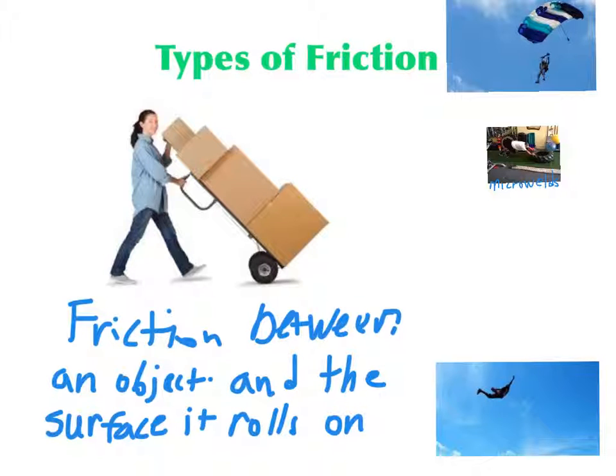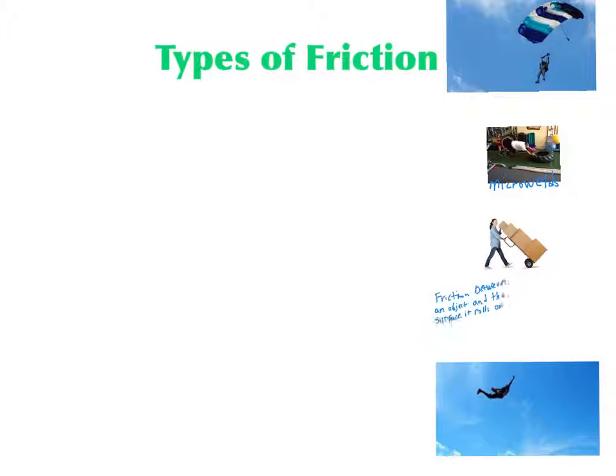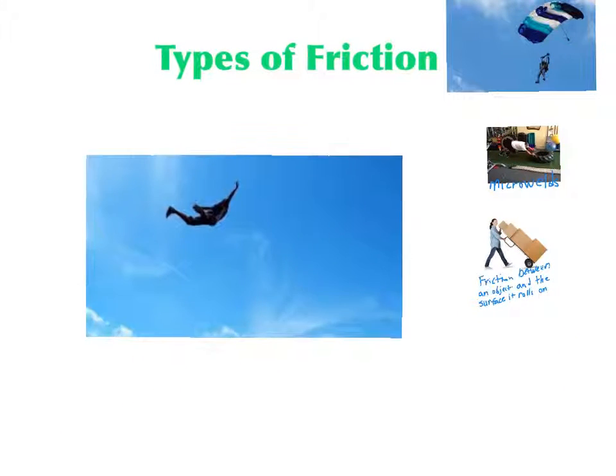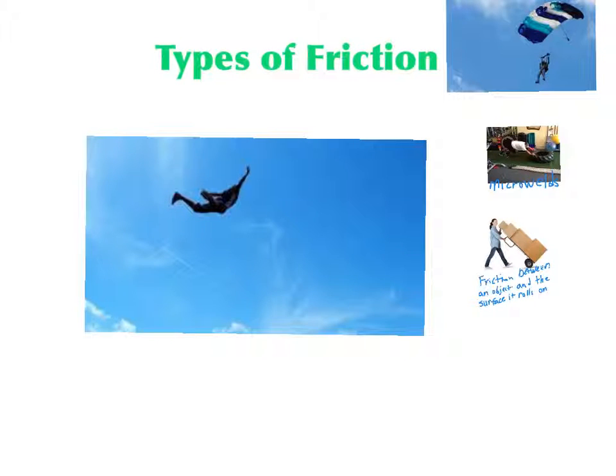The very last thing we're going to talk about is air resistance. So let me get these out of the way right away, and we'll pull up our skydiver here. Letter C says, when something falls, gravity is pulling downward, but different objects fall at different speeds.